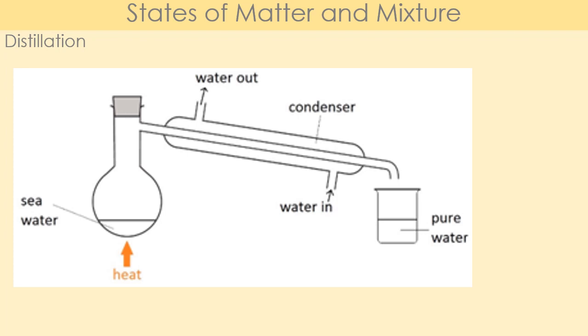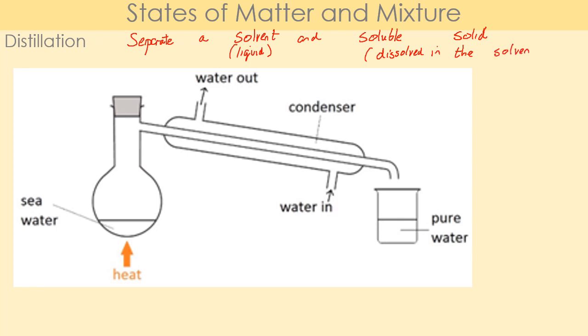Distillation will separate a solvent, that's a scientific word for a liquid, and a soluble solid. That just means something dissolved in a liquid, or dissolved in a solvent, we should say.